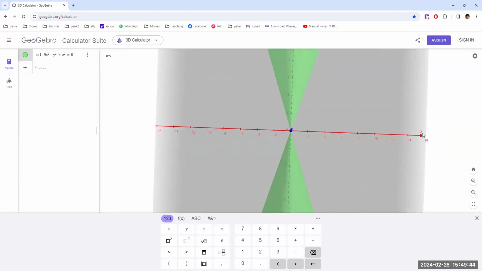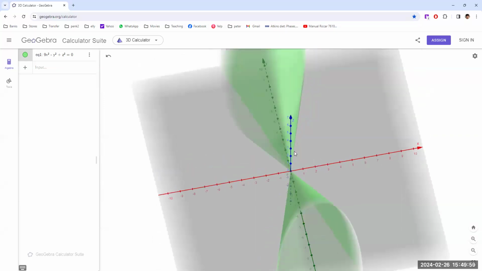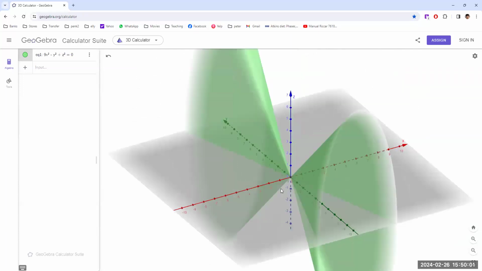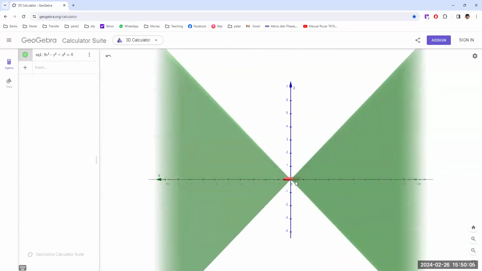Yeah. So notice that this is the x-axis, and the one on the top is the y-axis, right? And the z is actually coming to us. But if I drag it this way, then you can see better, right? If I see from the left wall, I basically have the x-axis coming to us.